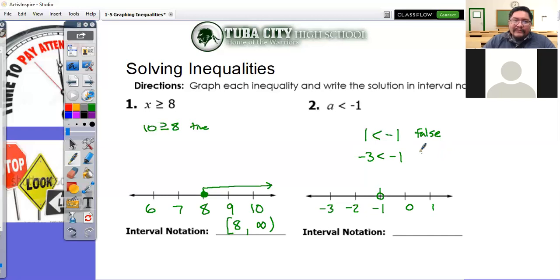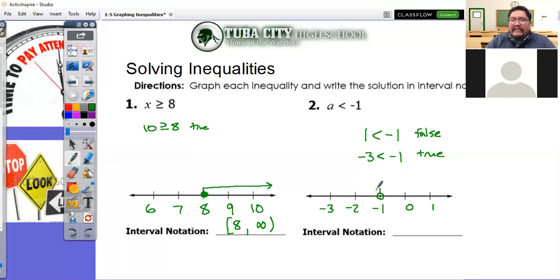All right, so what about this one? Is this one true? -3 is less than -1. Now this one is true. That one is true because I would rather owe somebody $1 than owe them $3. Like in a bank, if you overdraft, that's always bad.